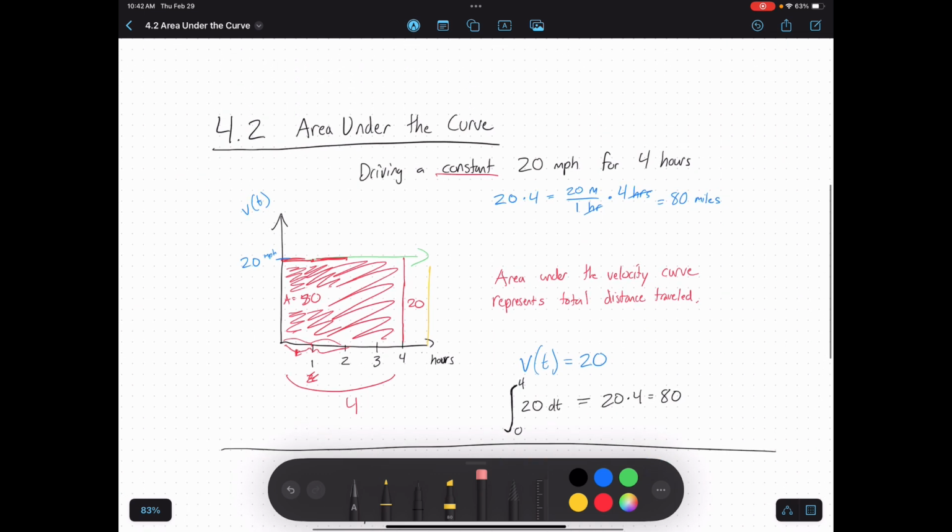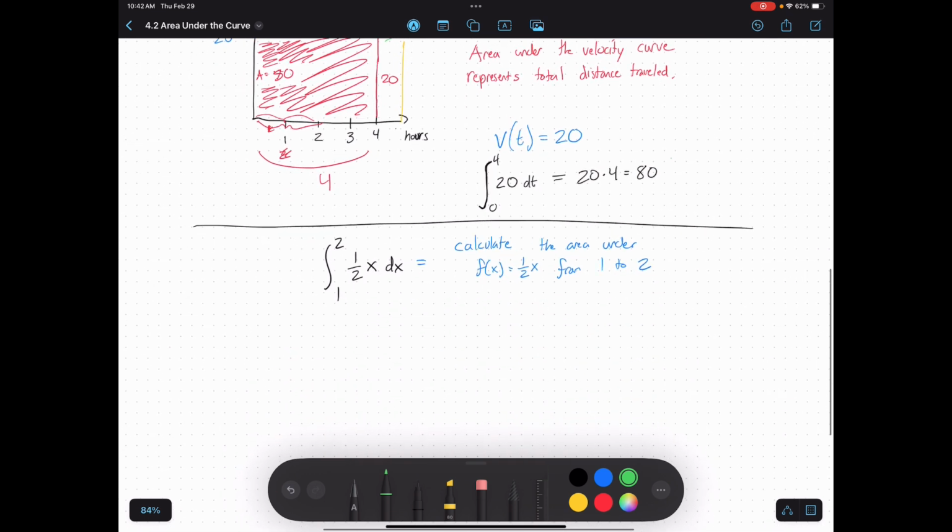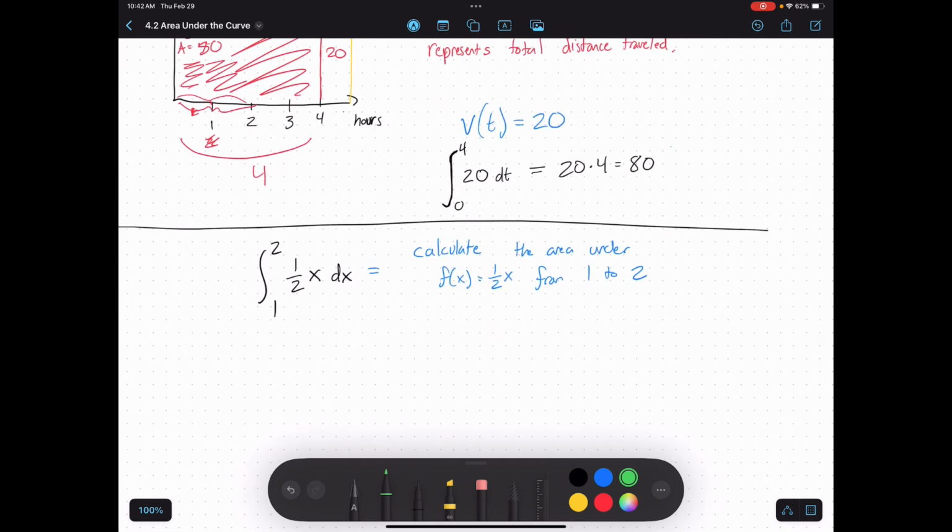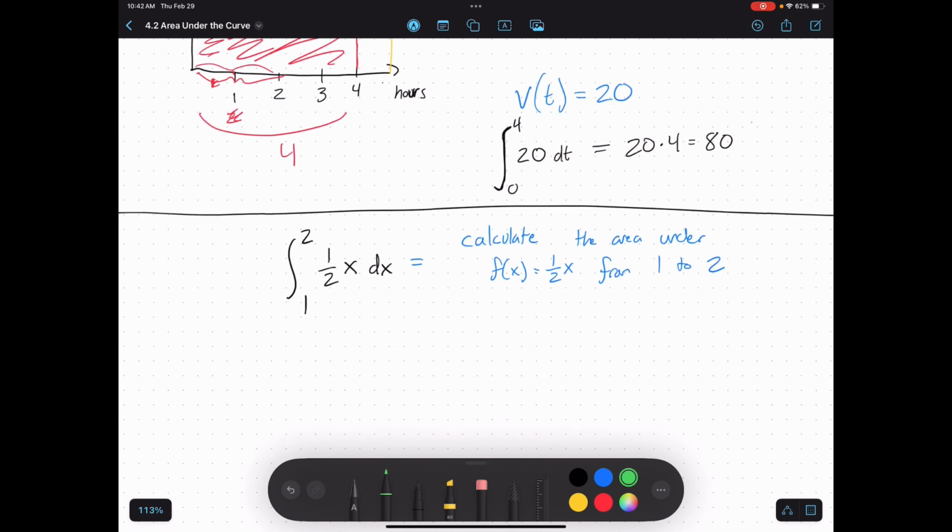So when I say under the curve, what would be more accurate is for me to say between your function, between your curve, and the x-axis. That's what I mean by the area under the curve. It's just between your curve and the x-axis. So this problem's asking me to calculate the area between my function and the x-axis from 1 to 2.